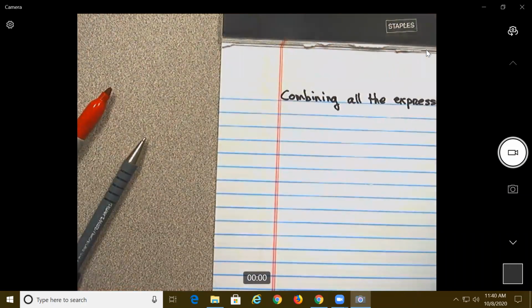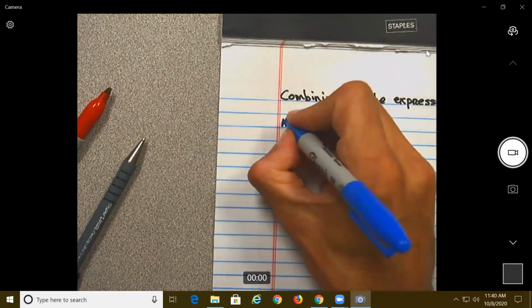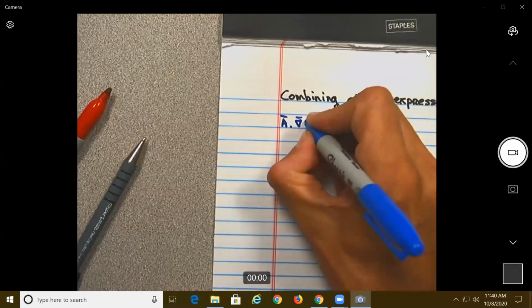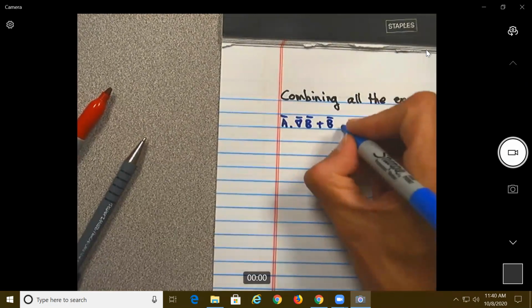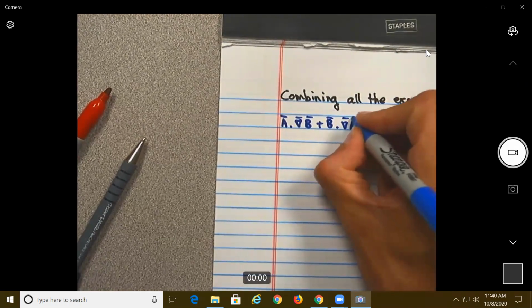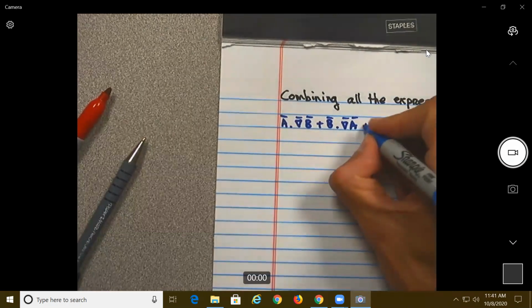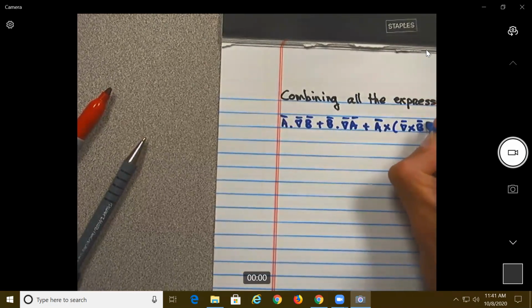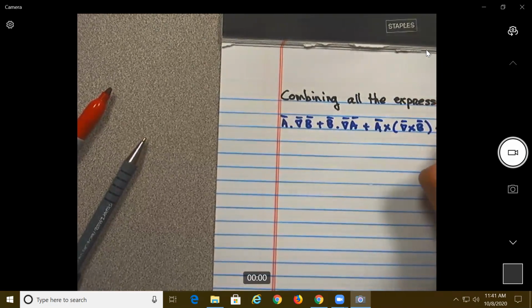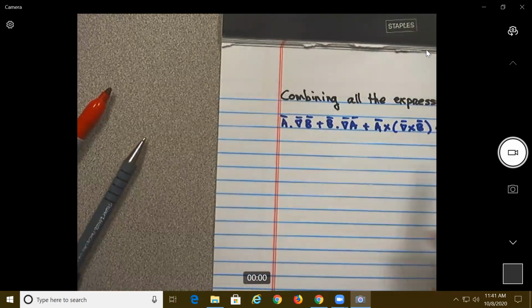We have our initial equation, which is a dot del b plus b dot del a plus a cross del cross b plus b cross del cross a. Okay? We found 1, 2, 3, 4, no? Our four expressions.